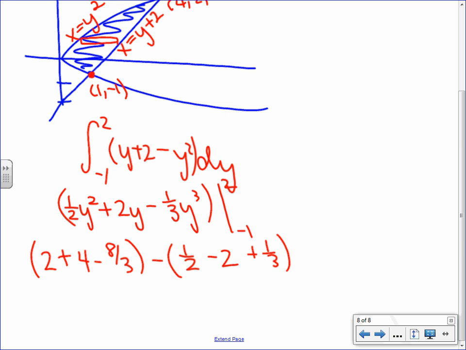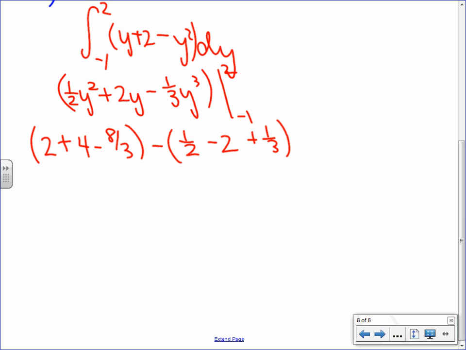So we have 2 plus 4 is 6, minus 8/3 minus 1/3. And then we have a minus 1/2 plus 2. 6 minus 3 is 3, and plus 2 is 5, minus 1/2. Yay!